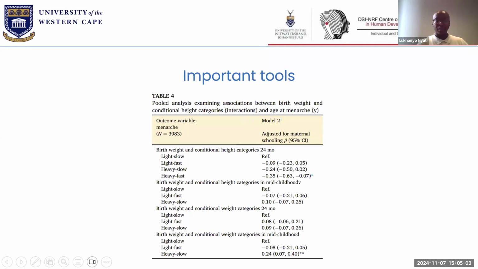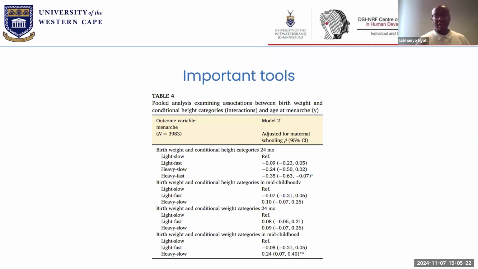age at menarche. And being born heavy, so this is now in mid-childhood. All right, so this is fast growth between birth and 24 months. And this is between 24 and mid-childhood, which is about, let's say, 5 years.